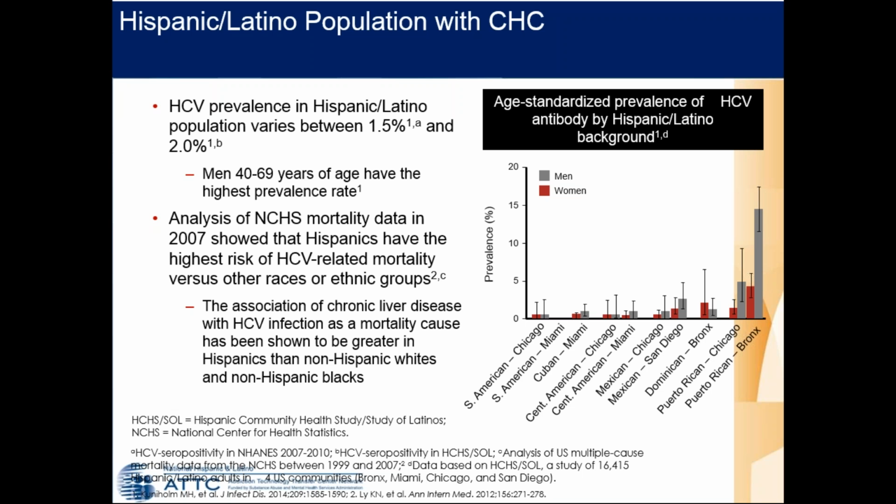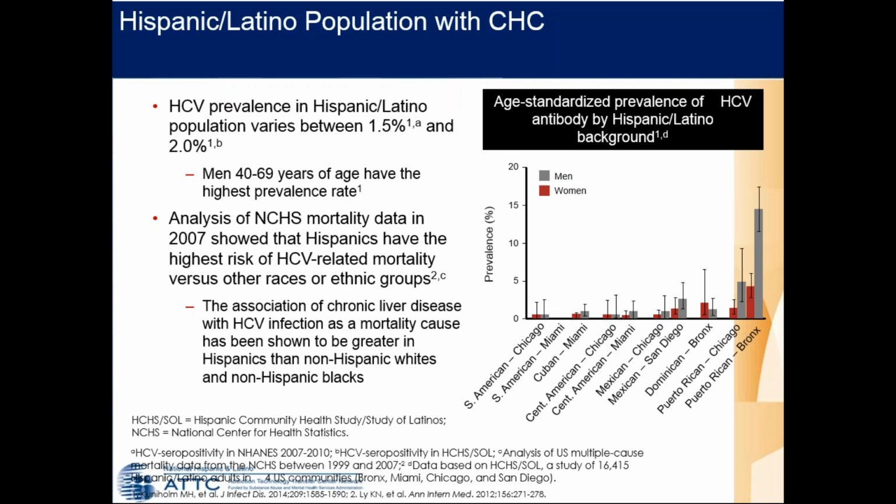And if you look at the graph on the right side of your screen, you will see that Hispanics and Latinos are diverse. And in certain places in the United States, you will see the prevalence change depending on the demographics. So for example, if you look at the Bronx and Chicago, you will see a higher prevalence of Puerto Ricans affected by hepatitis C. In the Bronx, about 15% of male patients affected with hepatitis C are Puerto Rican.